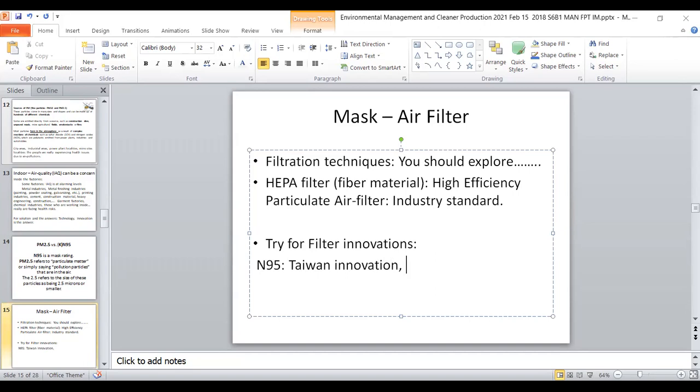So they are using a lot of nanotechnology application, and this PM 2.5 is a risk for the quality of their electronic productions. So they have to have much cleaner indoor air quality. Okay, so that's why.